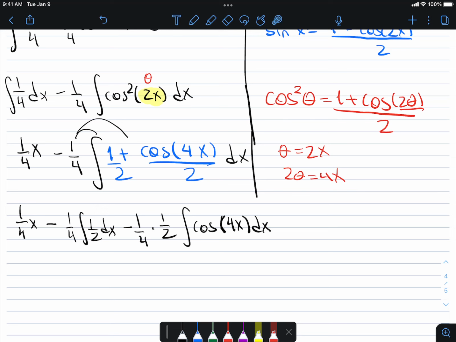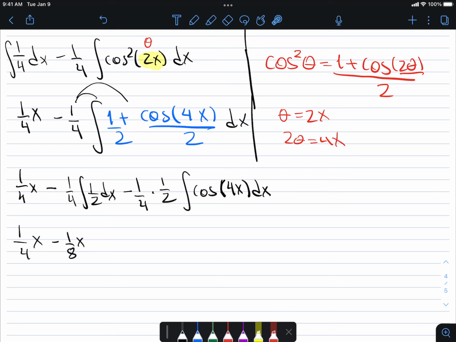So now this is almost perfect, because if I continue writing, this is going to be just 1/2 of x, and then times 1/4, it's going to be 1/8 of x. And this will be another 1/8 times the integral of cosine of 4x.